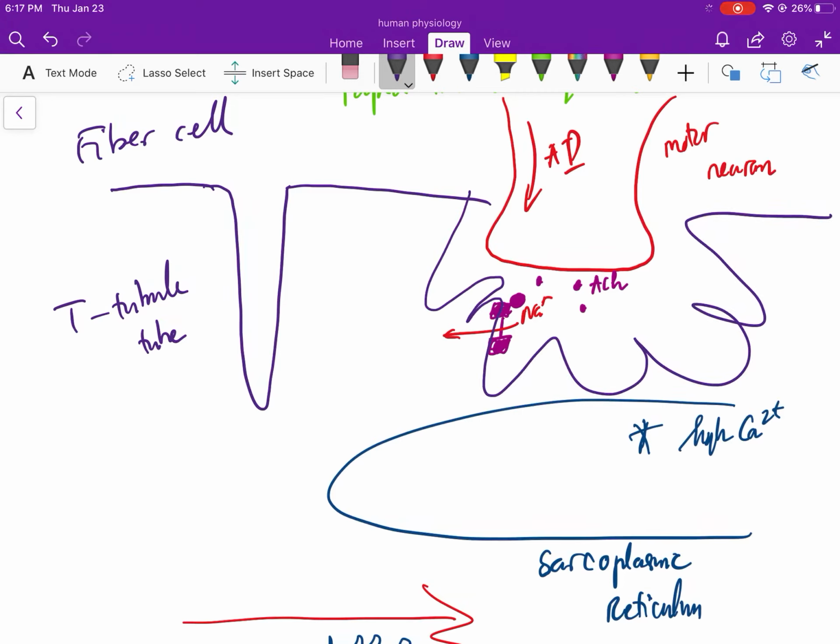So then also we have our sodium will flow out of the cells, and then we have potassium will flow. Sodium will flow into the fiber cell and potassium flow outside the cell. However, really important, we know at this point that the permeability for sodium is larger than the permeability for potassium.